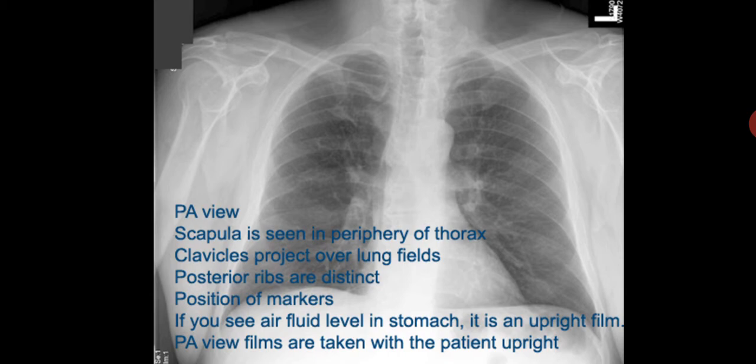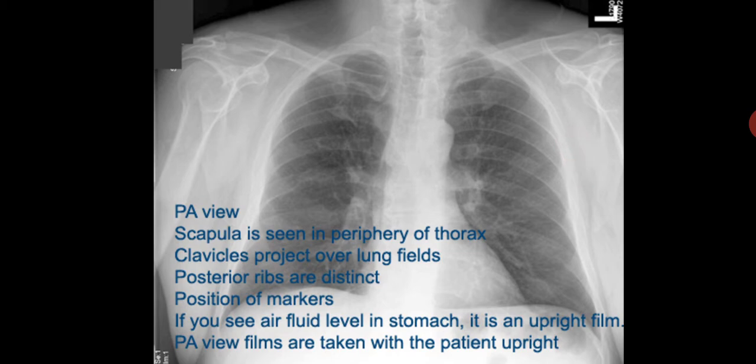As you can see, this is the PA view, and you can see the scapulae on both sides are seen in the periphery of thorax. You can see this is the scapula, and it is not overlapping the lung field.